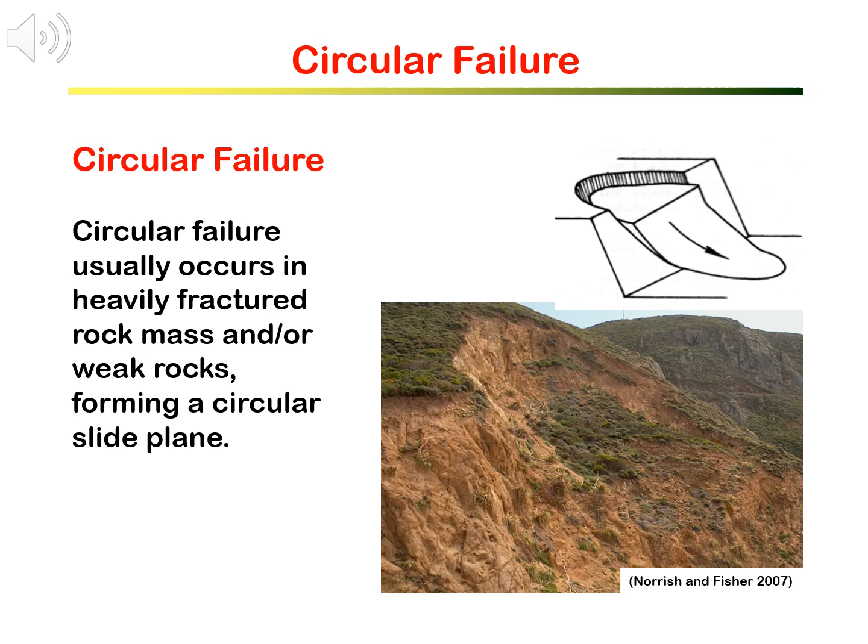There are several types of slope failure. Circular failure is a common and general slope failure mode for soil, but is also a failure mode in rock slopes.